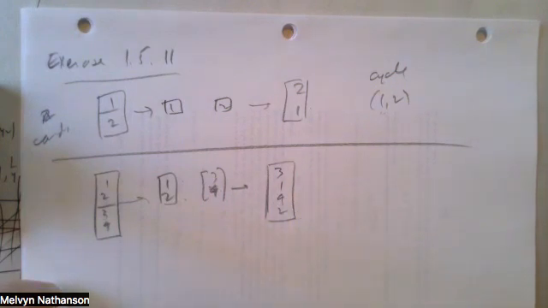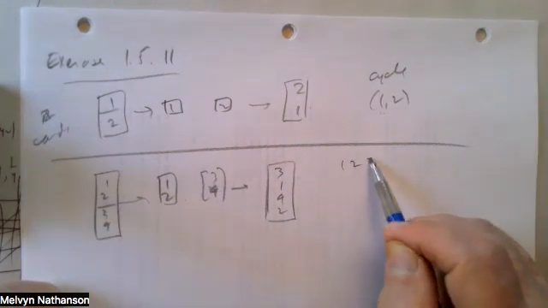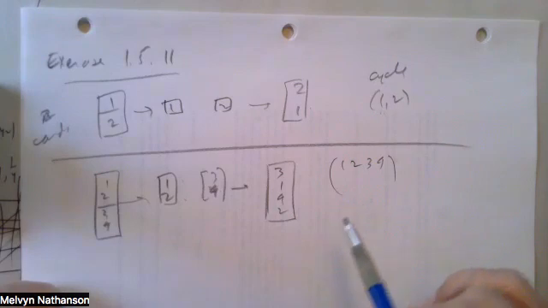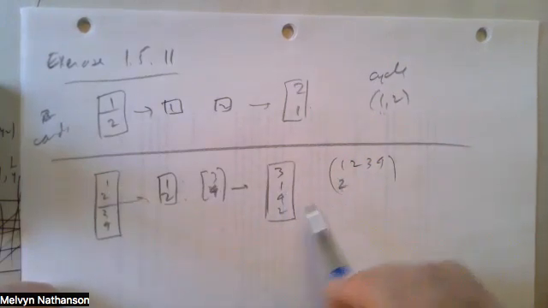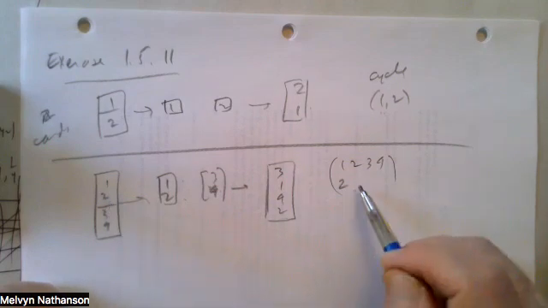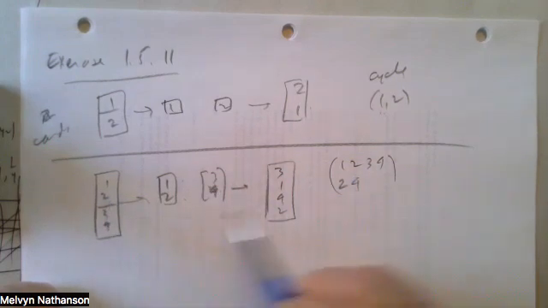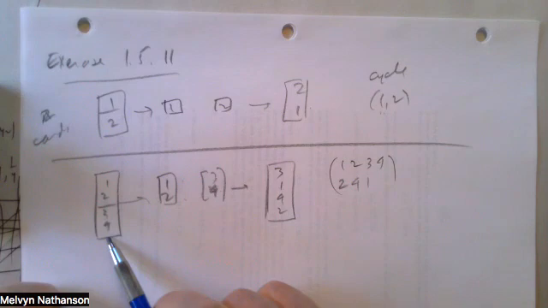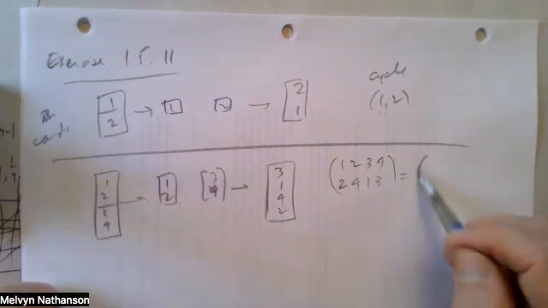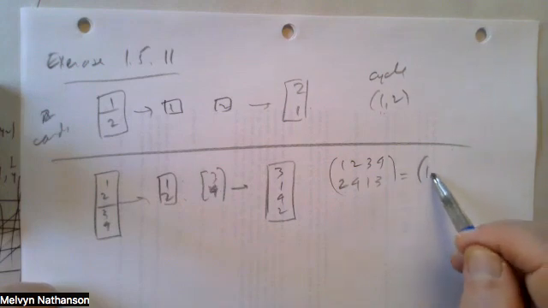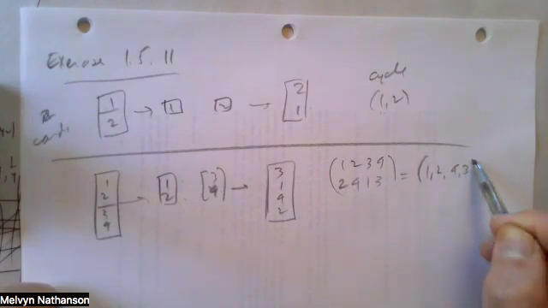So in this shuffle, as a permutation, 1 ends up in the second position, 2 ends up in the fourth position, 3 ends up in the first position, and 4 ends up in the third position. So as a cycle, this is the cycle 1, 2, 4, 3.